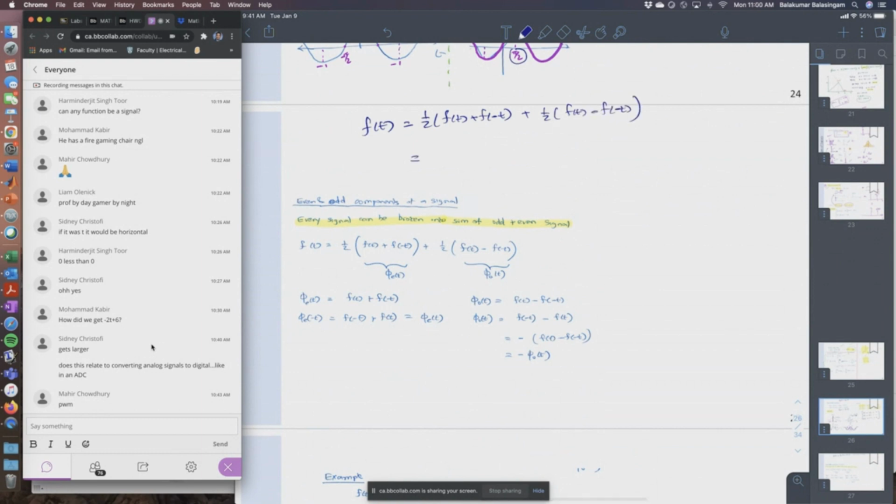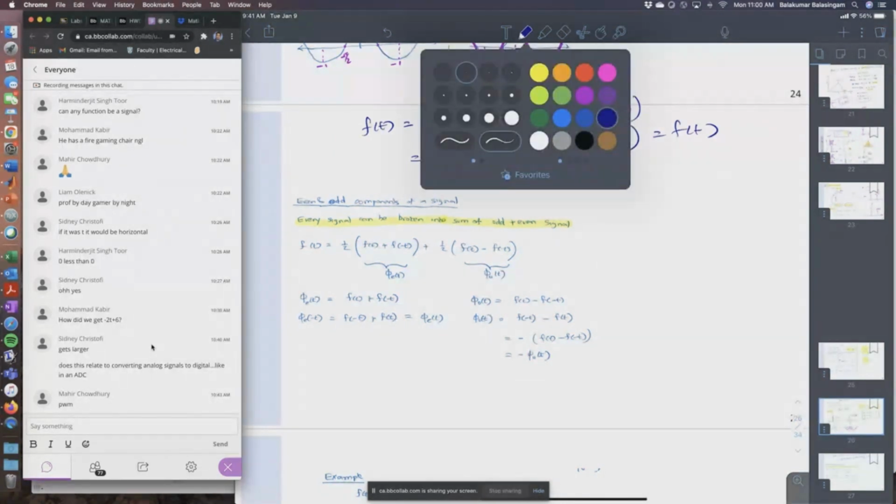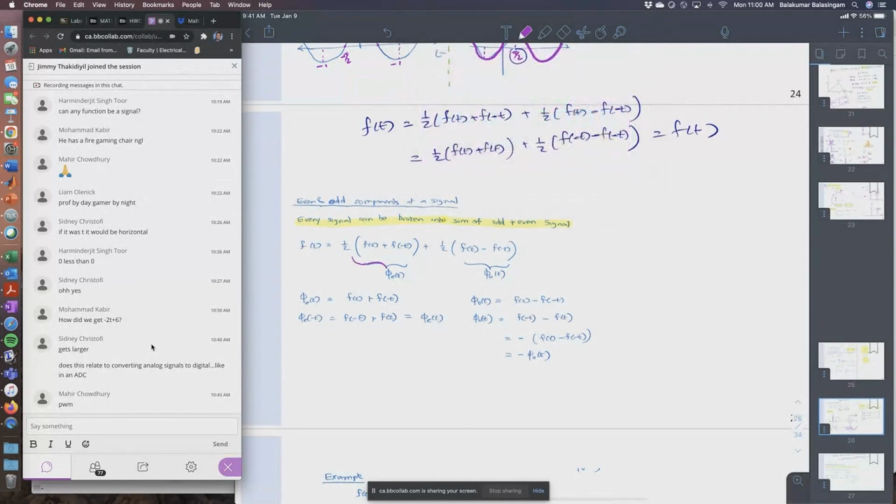If I just sum this up, it's half f(t) plus half f(t), plus half f(minus t) minus half f(minus t). It cancels and it is just f(t). Same function f(t), but we wrote it in a way that looks like two portions. If you add them, what you get is f(t).